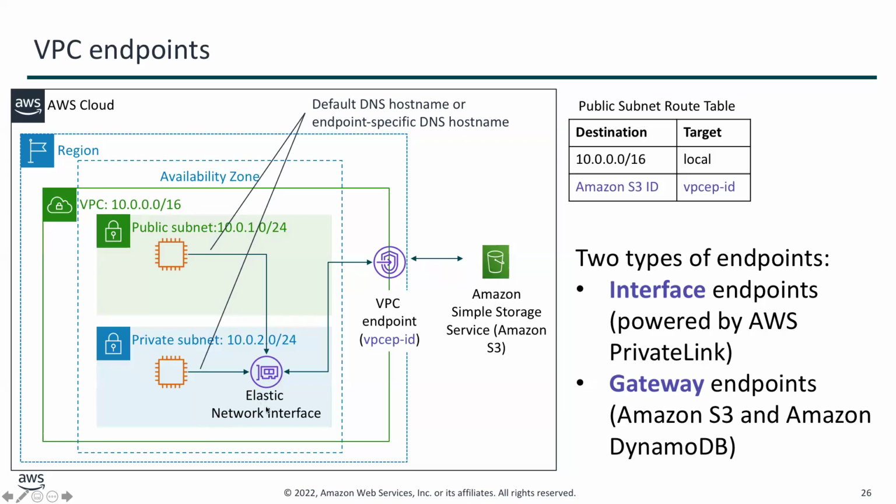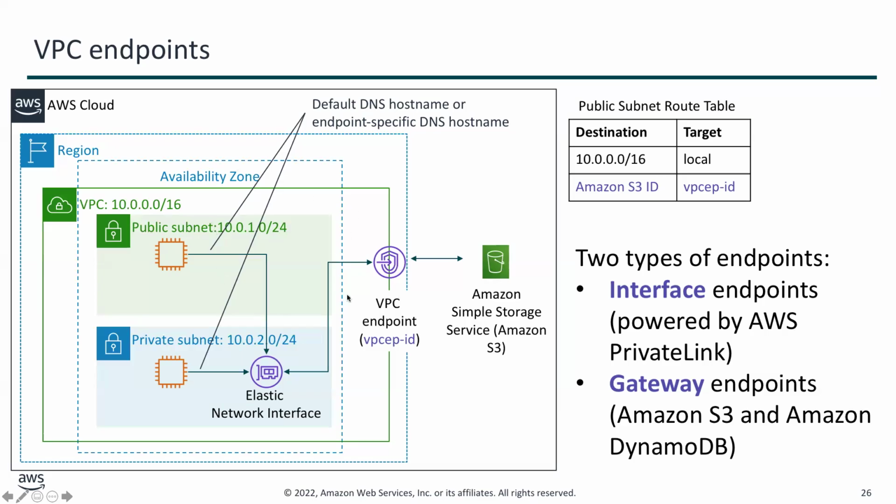We looked at what an elastic network interface is. Within that VPC, we have added a VPC endpoint, and this VPC endpoint can be connected to some storage services, some hard disks, or any databases. That directly can connect to those resources.